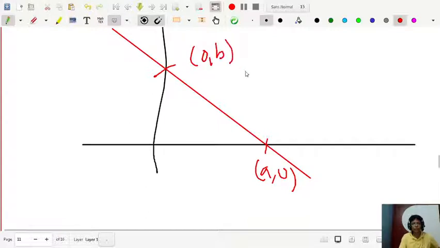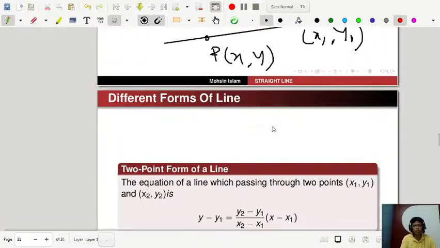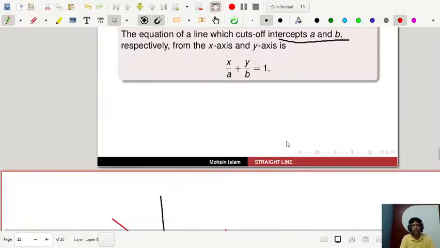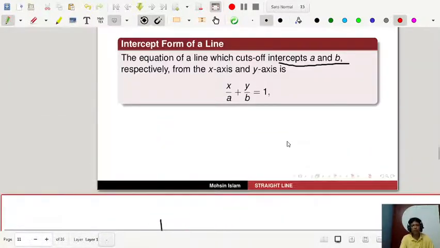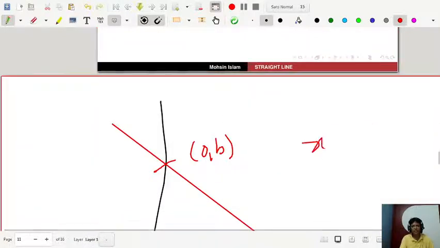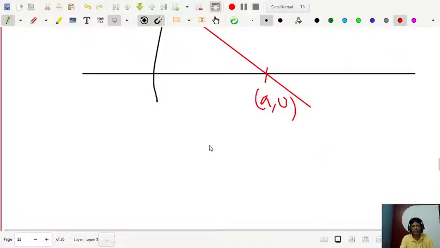So you get two points here. With the help of these two points, using the two-point formula, you can write the equation of the straight line in this intercept form, that is x by a plus y by b equal to 1. Suppose it is given that 2x plus 3y equal to 6. This is the equation of a straight line.